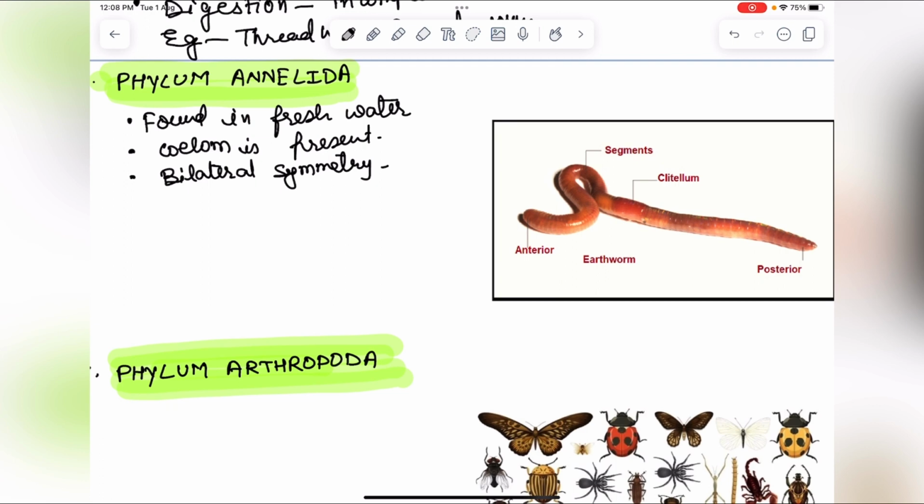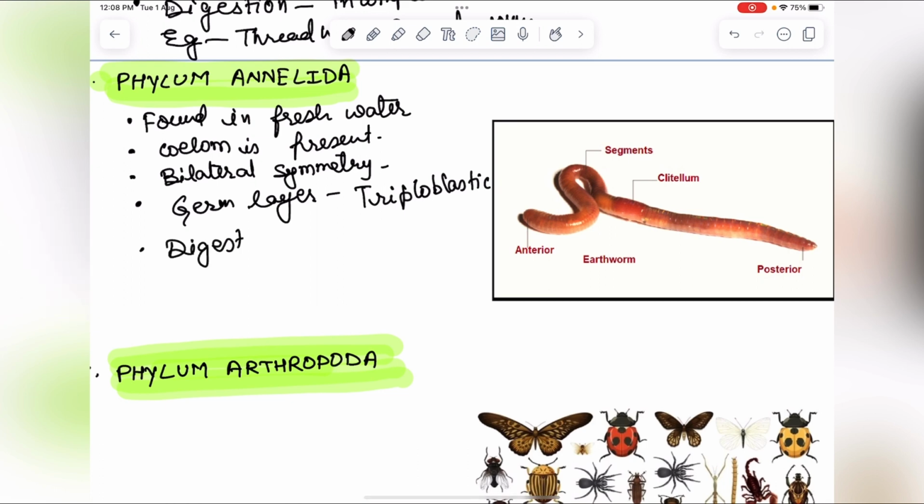They are the first animals with true body coelom. They are triploblastic animals. And they have complete digestion because alimentary canal is present. Example will be earthworm.